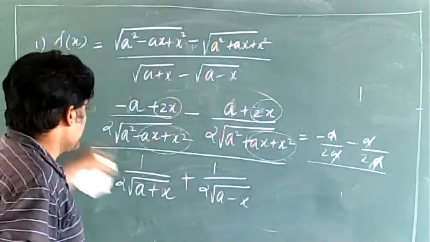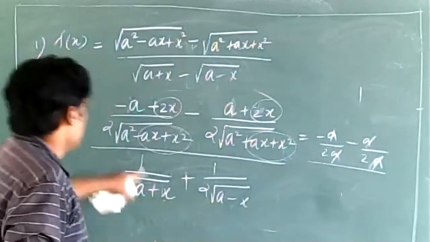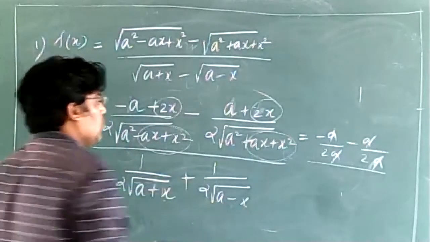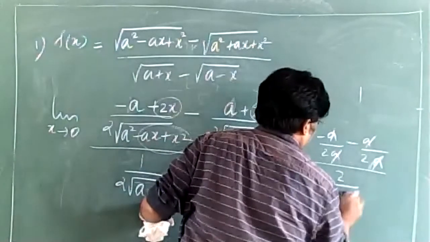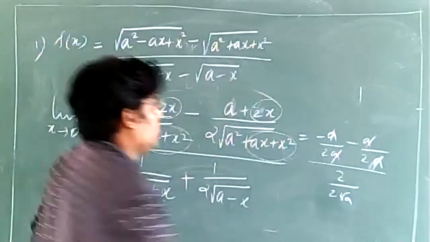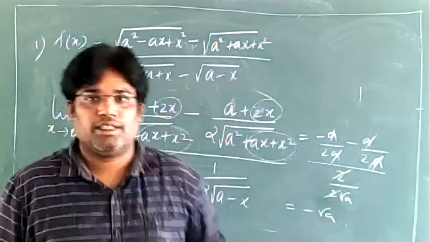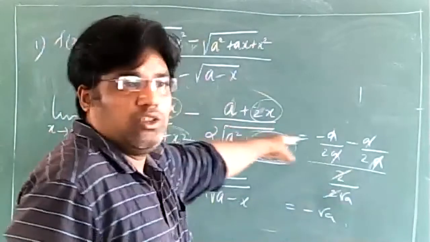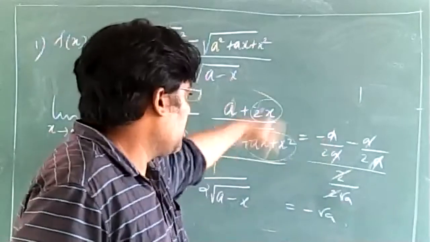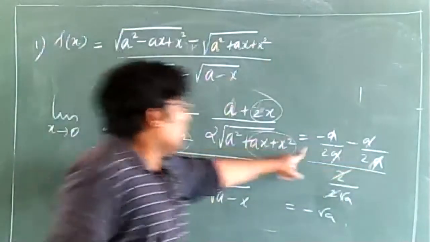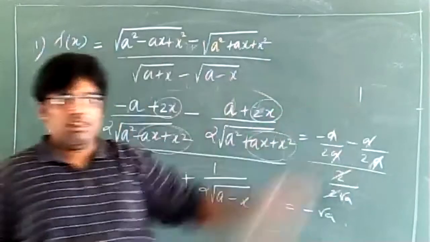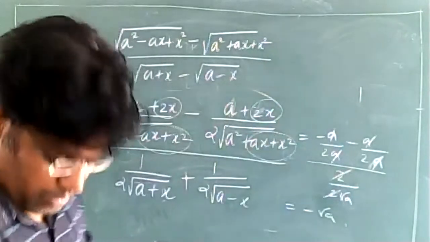Denominator part, x tends to 0. This is 0. This is 0. 1 by 2 root a plus 1 by 2 root a. 2 by 2 root a. That is equal to minus a. Everything cancels. Numerator is minus 1 by 2 minus 1 by 2, numerator is minus 1 into 1 by root a is root a. Clear? So that will be the option, minus root a.